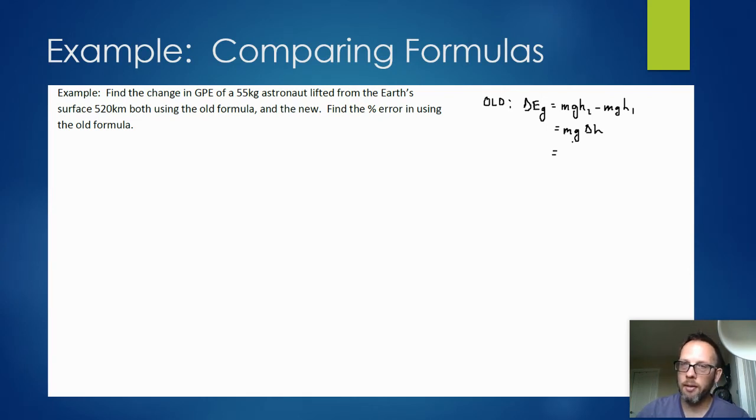Little m is the mass of the astronaut, so it's 55. We're doing it the old way, so we're assuming that g is constant, 9.8. And our change in height was 520 kilometers, so 520,000 meters.